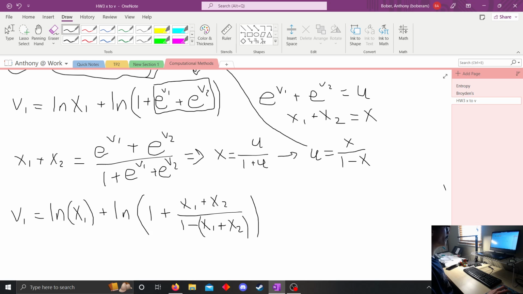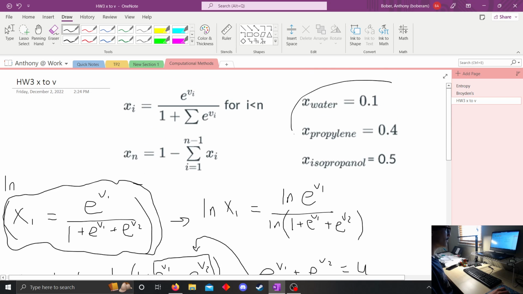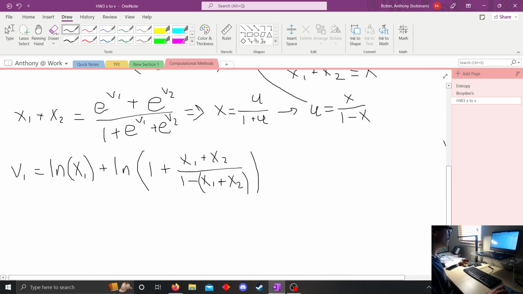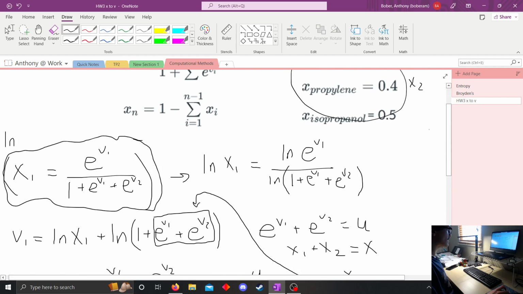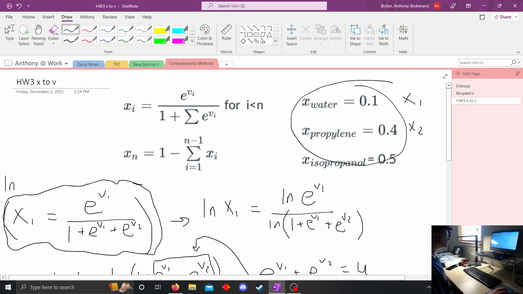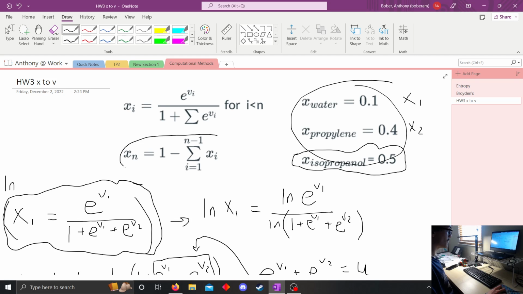So if we know all three of our x's, which we do up here, we can take this as x1, this is x2, this is x3. Well, I guess we would only have one. This third x doesn't exactly matter because it's just the summation.